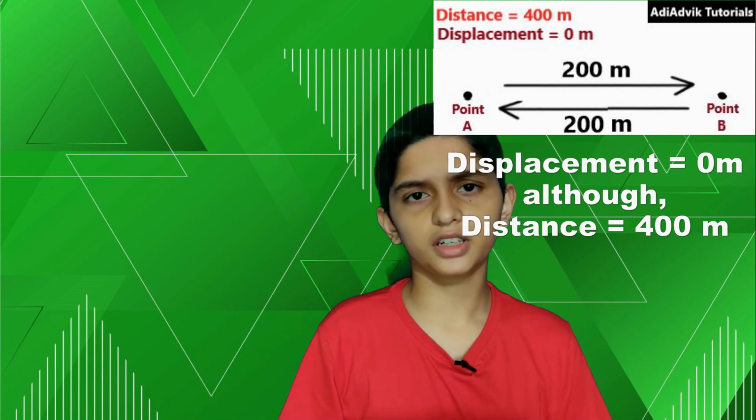Displacement is zero because it is in the same position. Velocity is the rate of change of displacement with time or rate of change of distance with time in a certain direction.